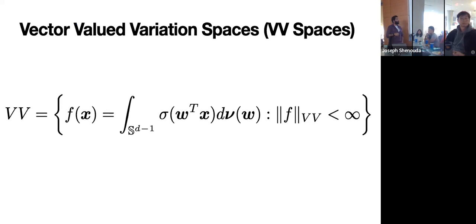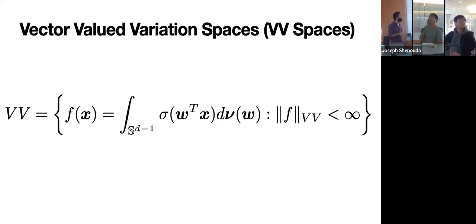To extend it to a vector valued setting, you take the tensor product of these spaces to get a vector valued function space, and you'd have a new norm on that function space, which is not weight decay, but we show that it is equivalent to this VV norm. It's in the same way that the L1 norm is equivalent to the L2 norm in R^d, but they do very different things, right?